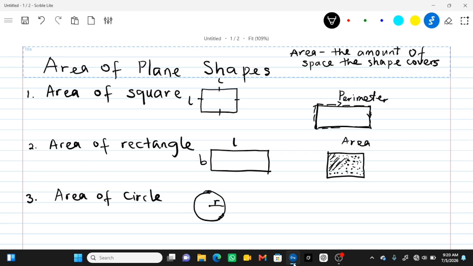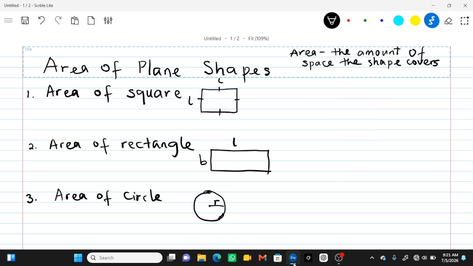So let's start with the first one. Area is gotten by multiplying adjacent sides. So perimeter, we're doing addition, add the sides.